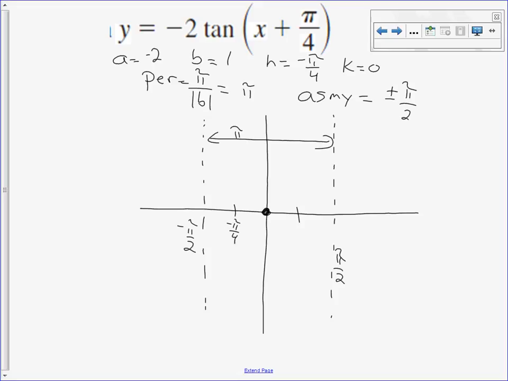So here's negative pi over 4, and here's pi over 4. Your a value, all you have to do is mark it off. Now, since the a value is negative, what direction is this going? Is it going from quadrant 3 to quadrant 1, or is it going from quadrant 2 to quadrant 4? Second one. 2 to 4.